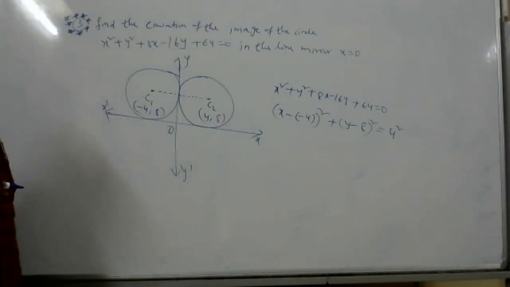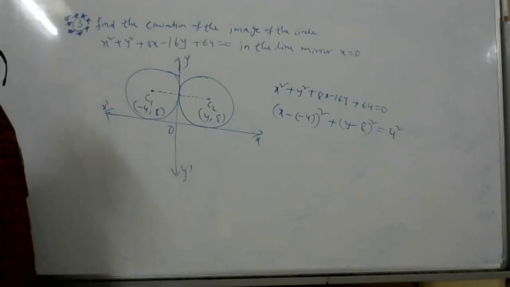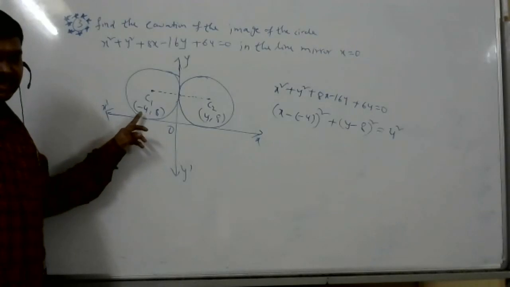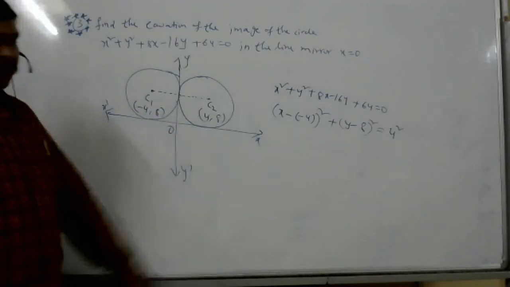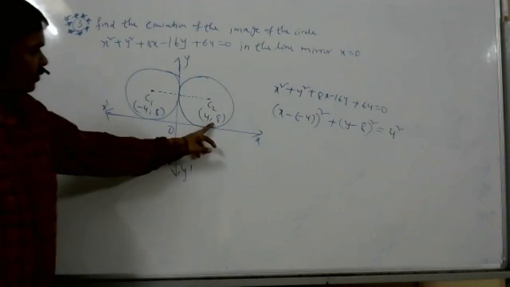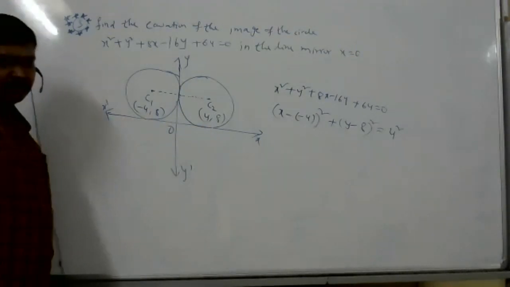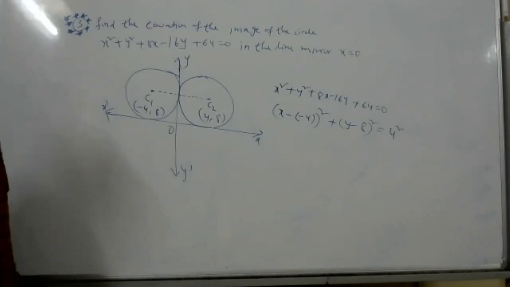Correct? Y-axis. The image of the center minus 4 comma 8 in the y-axis is C2, 4 comma 8. Radius is equal to 4.